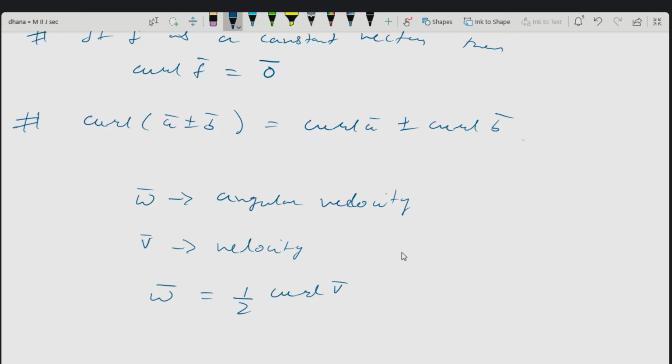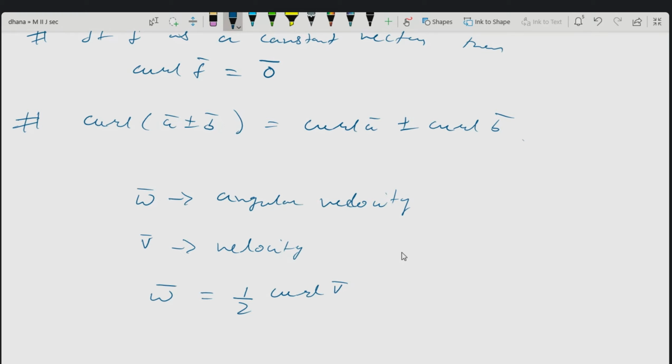Any motion in which curl of the velocity vector is a null vector is irrotational. Are you able to follow? For this, you should have a basic knowledge of physics also. Angular velocity is given by half of the curl of the velocity vector.